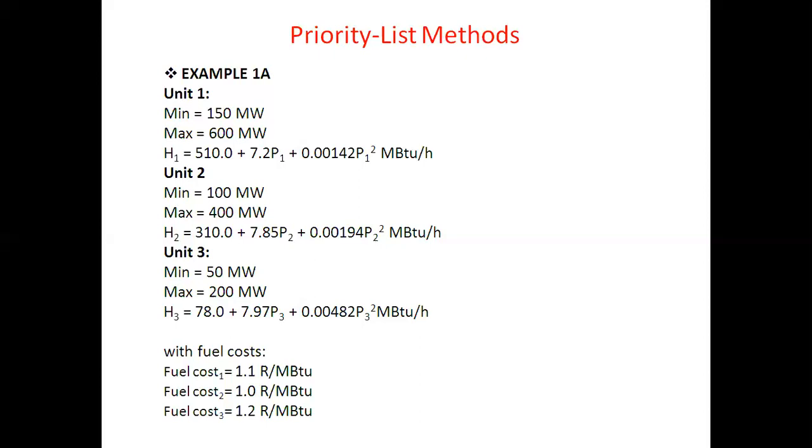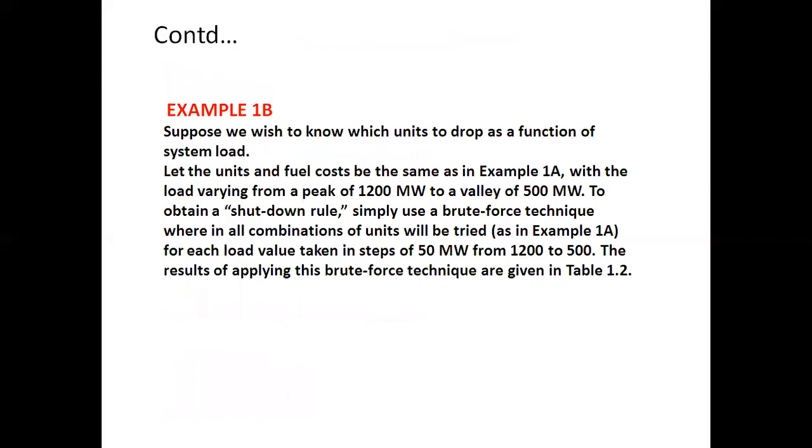So now we will concentrate on another example. It is given in this example that all the units and the fuel costs are the same as in example 1a, with the load varying from a peak value of 1200 megawatt to a value of 500 megawatt.